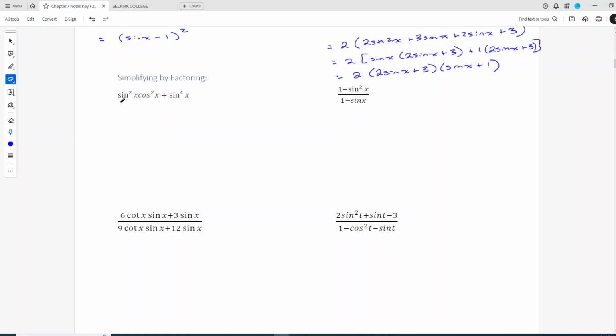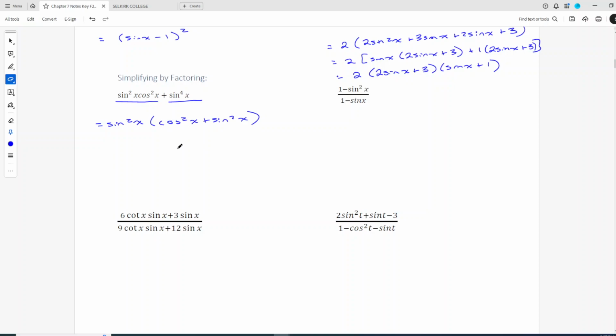So when I look at this, I've got two terms, and hopefully you can see that there's a greatest common factor. The greatest common factor is sine squared x, and I'd be left with cos squared x plus sine squared x. Now these lessons are cumulative. Once you learn a skill, it sticks. Can I go further? So we've just done the factoring thing, but that didn't really get us anywhere.